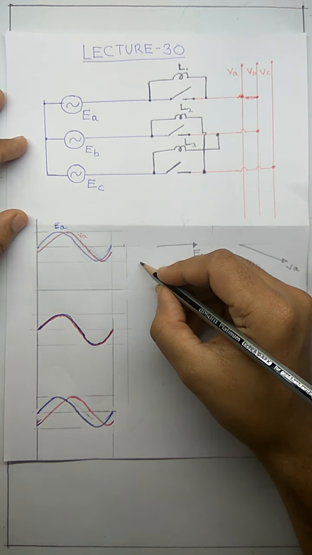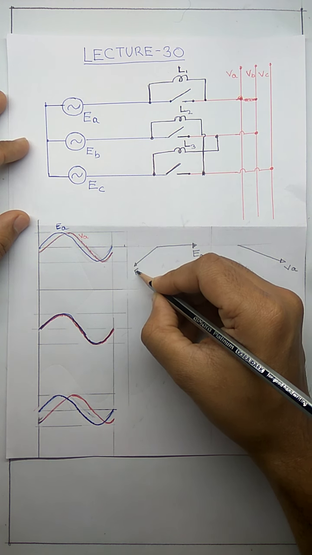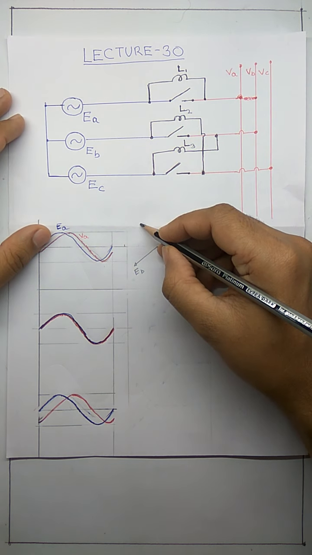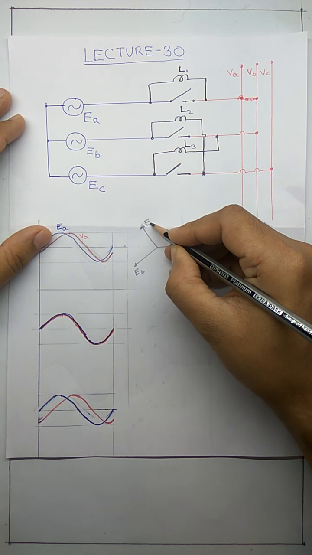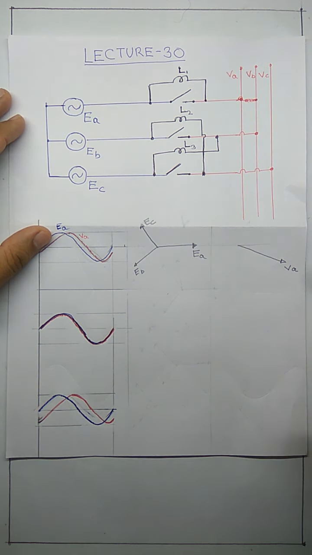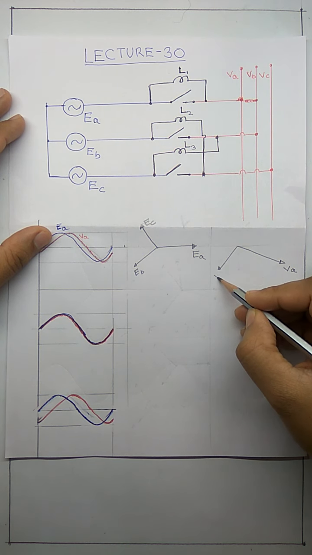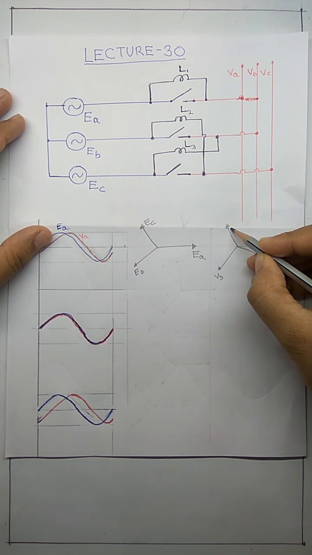So if this is EA, EB will be somewhere here. This is my B phase voltage which I have not drawn here but it is there, and this is the C phase voltage, this is EC. Similarly, if this is VA, this will be my VB and this will be my VC.